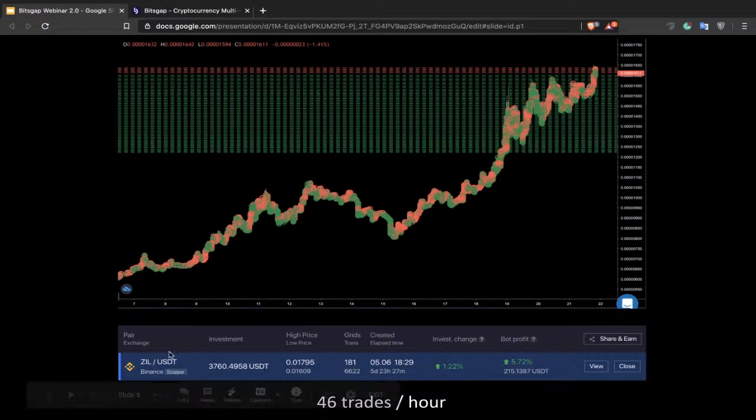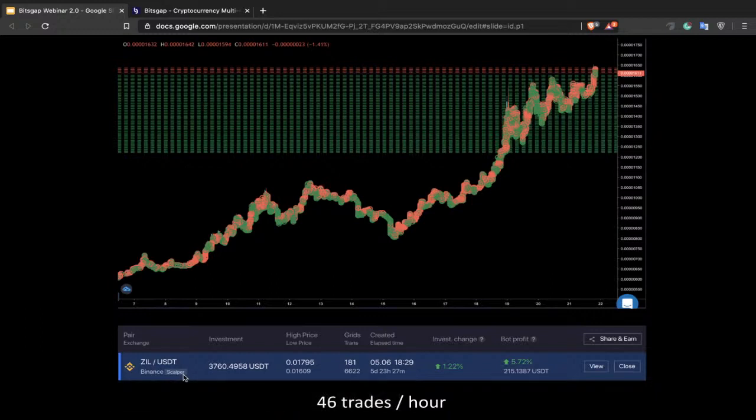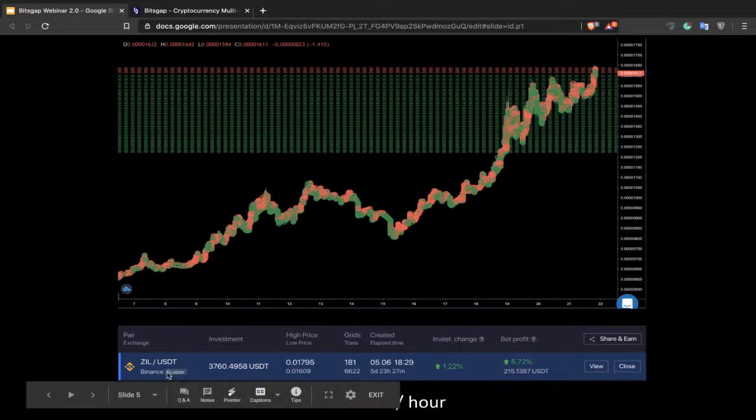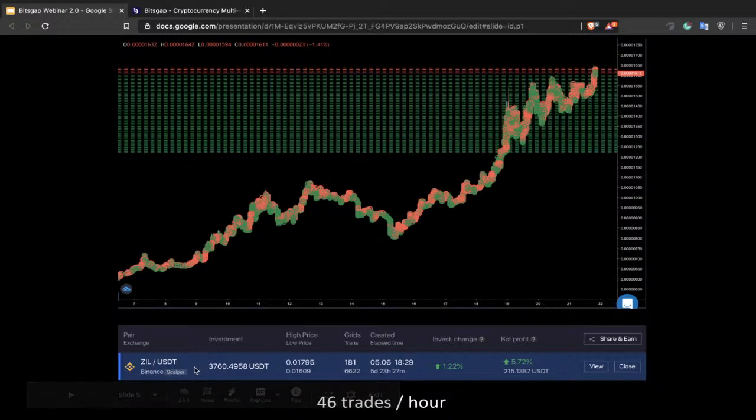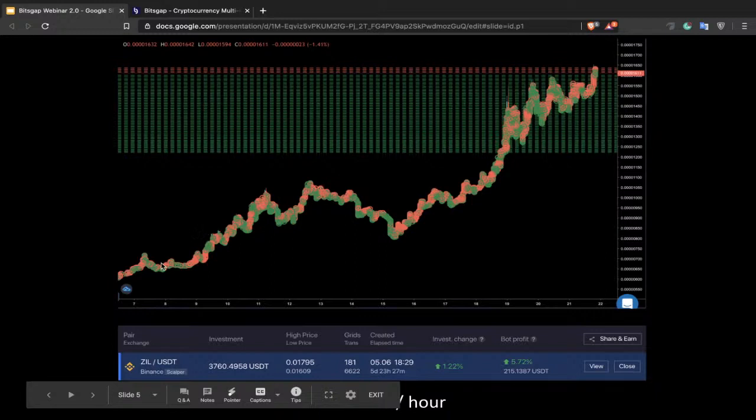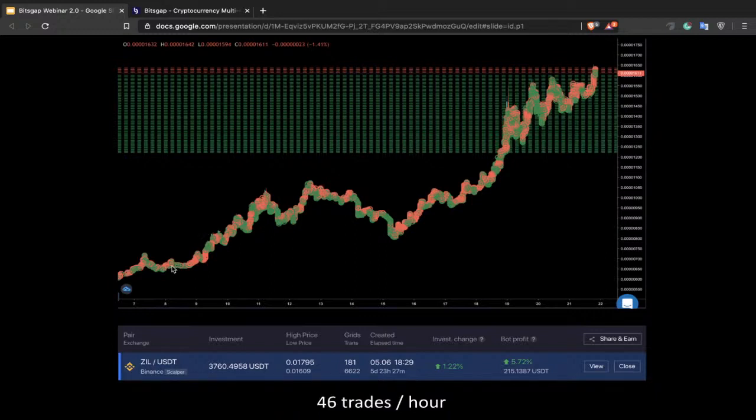So that's an example taken from the scalper, which is no longer available at Bitsgap, but it's built in the new SBot. So this example is still relevant. Basically, we have it, but it's just now called SBot. So here we have trading on the chart. You see green circles and red circles. Well, green represent buy orders executed by the bot, and red circles represent sell orders.